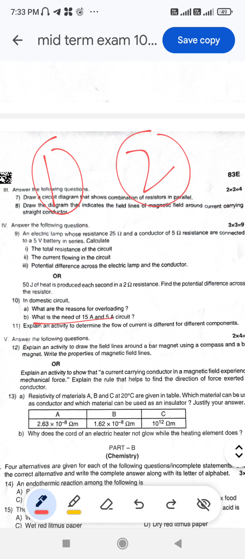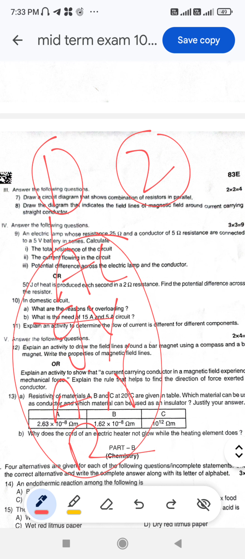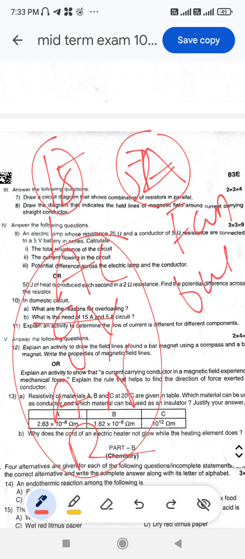For example, AC, geysers, air coolers, and refrigerators will work under a 15 ampere electric circuit, right? Again, fan, bulb, TV, these all work under 5 ampere circuits.